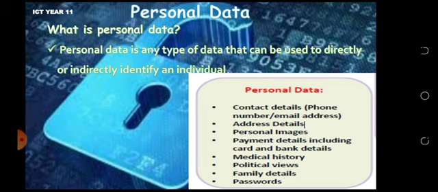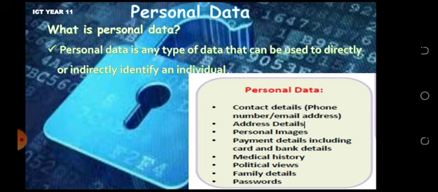Number 4, payment details, including card and bank details. Number 5, medical history. Your medical history is also part of your personal data. Now the next one is political views.